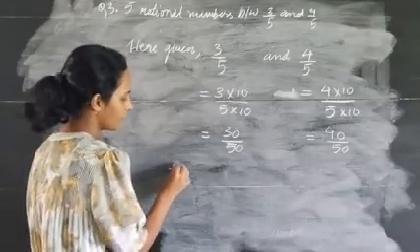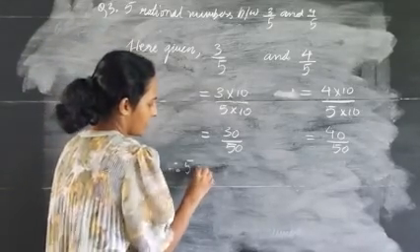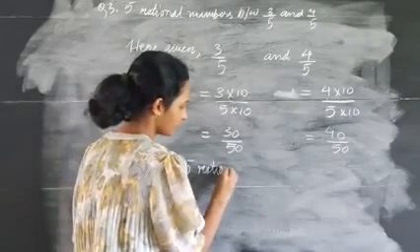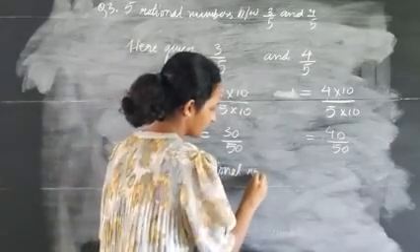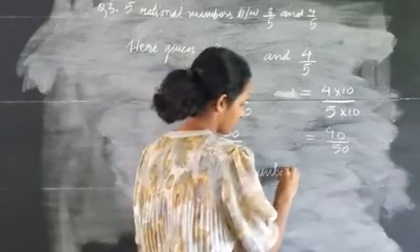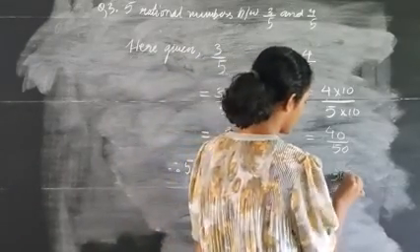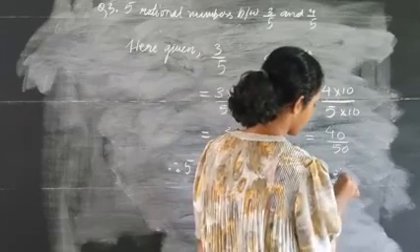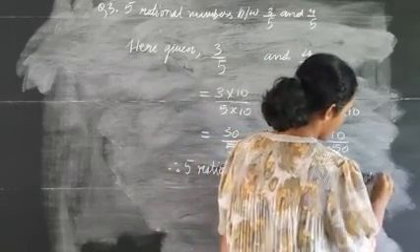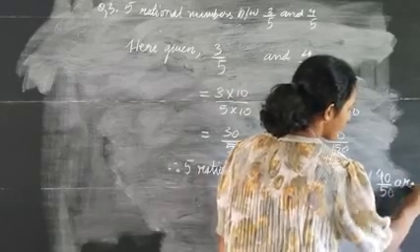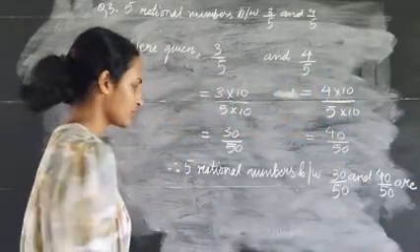So therefore, 5 rational numbers between 30 by 50 and 40 by 50 are, what are the 5 rational numbers?